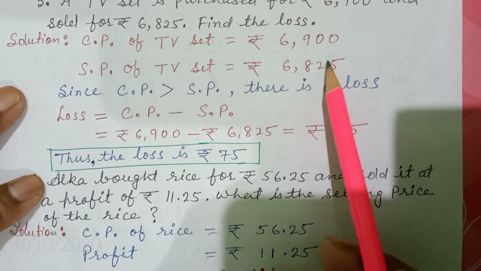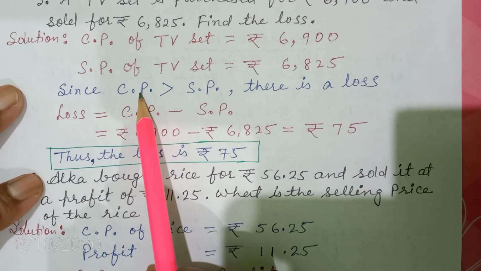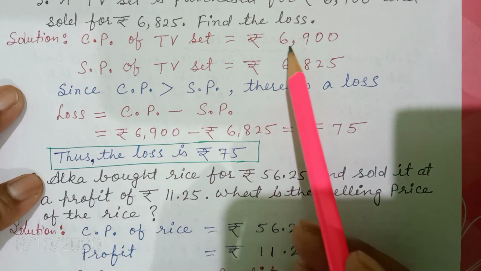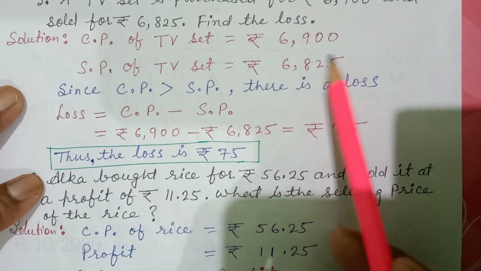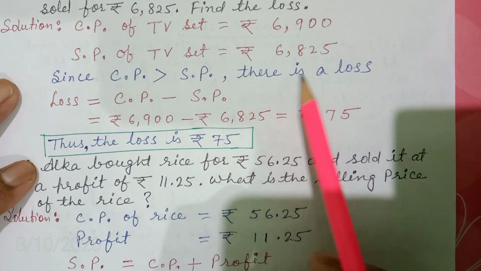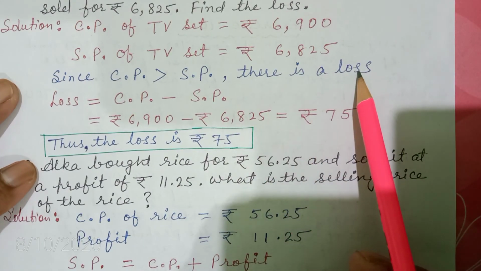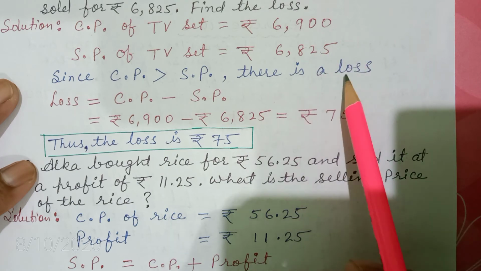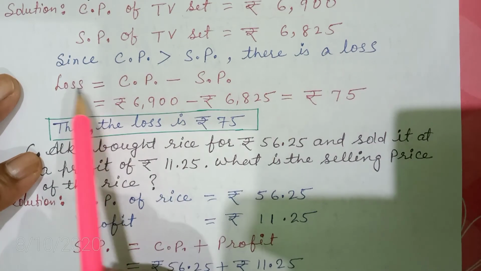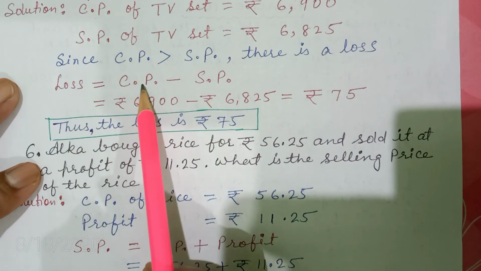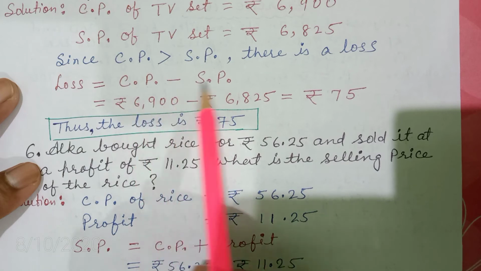6,825. Since CP is greater than SP, here you can see children, CP is greater than SP. In this case there is a loss. You know, if CP is greater than SP, then there is a loss in a transaction. So loss equal to CP minus SP. This is the formula.